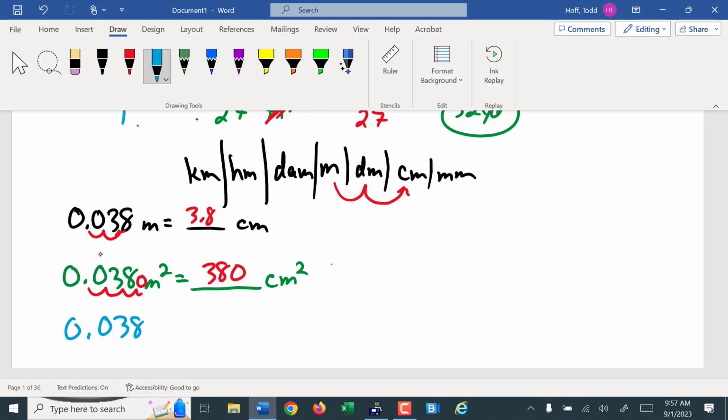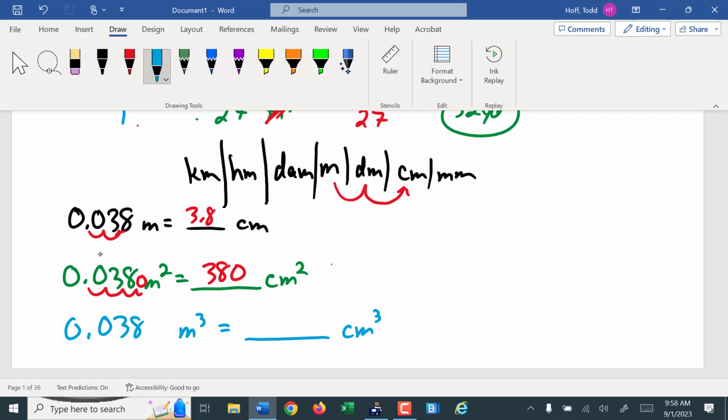If it's units of volume, 0.038 meters cubed into centimeters cubed. Now each spot on the chart is 10 by 10 by 10, or 1,000, multiplying or dividing by 1,000. When you multiply or divide by 1,000, the decimal point moves 3 spots.